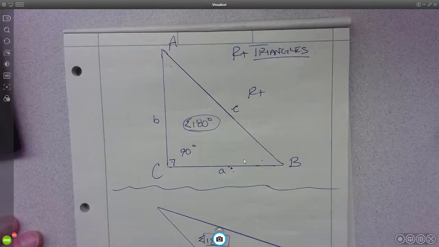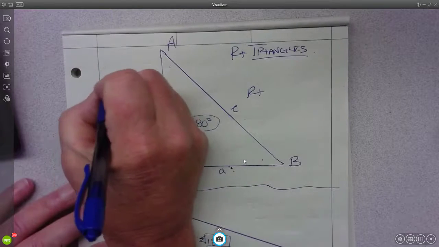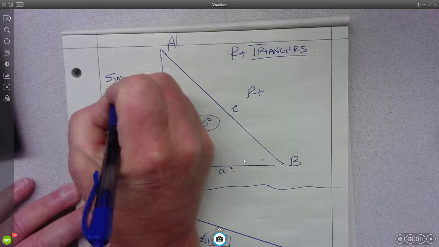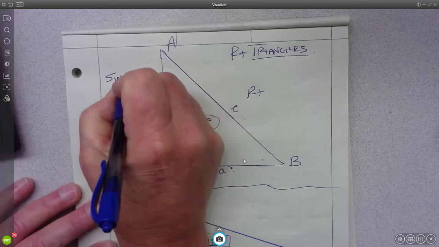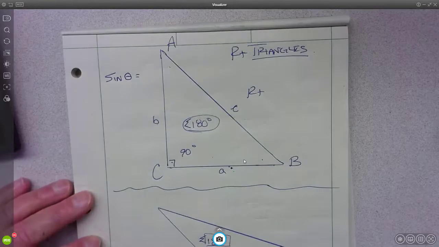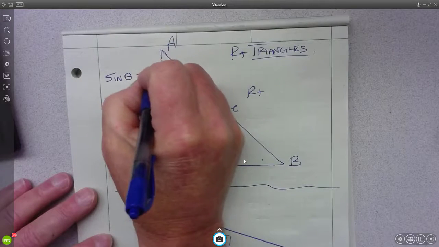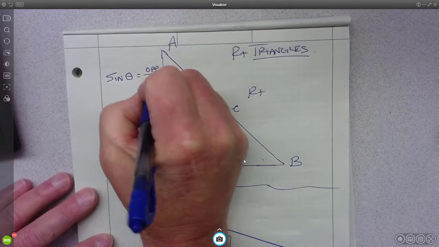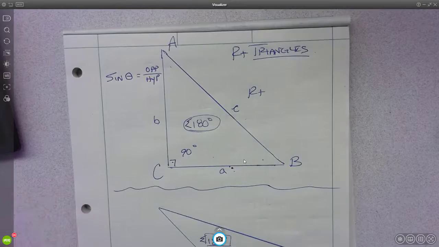They do not apply to non-right triangles. So the sine function, what is that? Sine of some angle is equal to opposite over the hypotenuse. So that's often how it's written, and the whole SOHCAHTOA thing is a way to remember it, right?